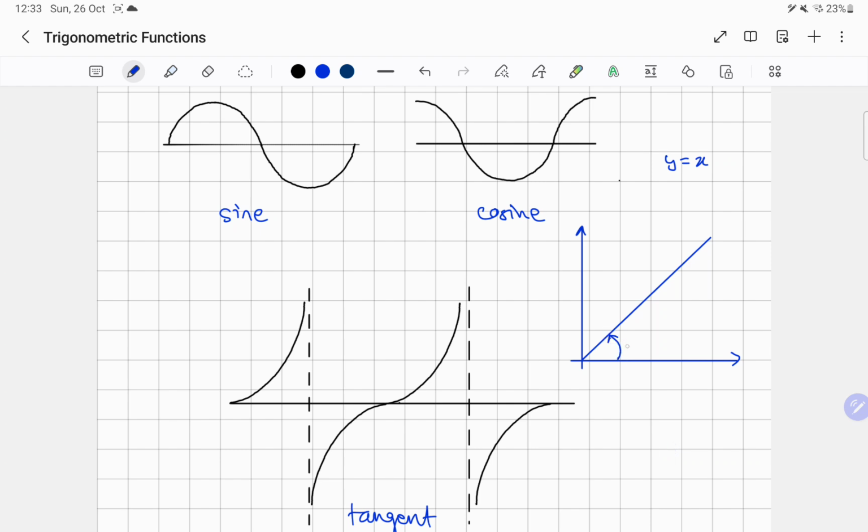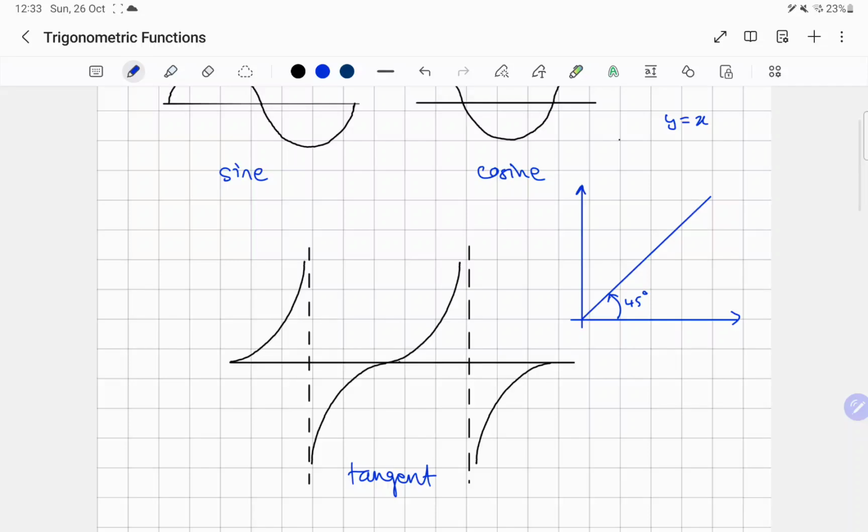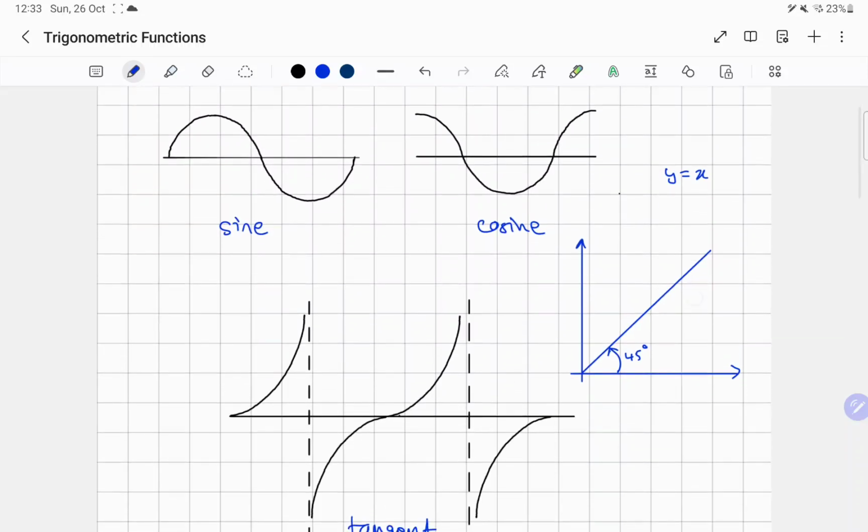This is 45 degrees, and this is because we know that it has a constant gradient, and the gradient is 1. So we have plotted these kinds of things before. We know how to sketch graphs like y equals x or y equals 3x, 4x. We know how to do quadratics and so on.